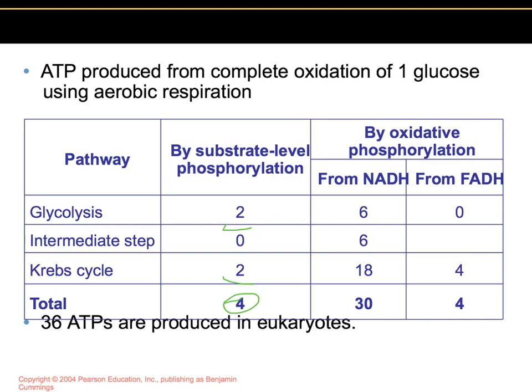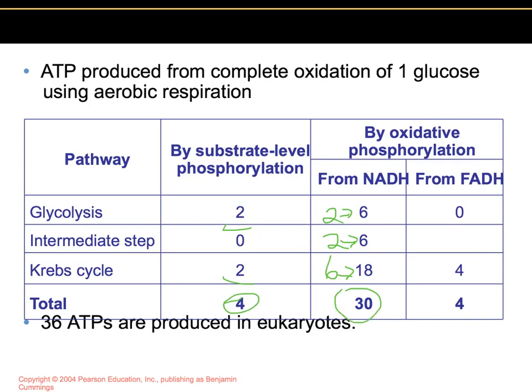So from one molecule of glucose, we had 2 NADHs made in glycolysis, 2 in the intermediate step, and 6 made in the Krebs cycle. If you multiply all of that by 3, which is how many ATPs the NADH is worth, you'll see the various numbers resulting in 30 ATPs.